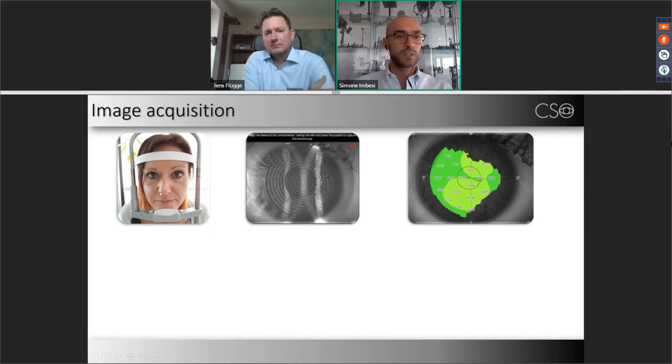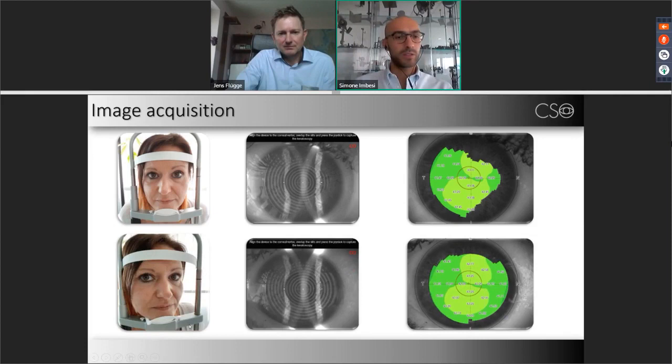This is a normal positioning of a patient on the chin rest, and as you can see from here, we have a big shadow that is even reported over the fitting of this keratoscopy. How can we eliminate this shadow? We have a trick that we can do thanks to our chin rest.